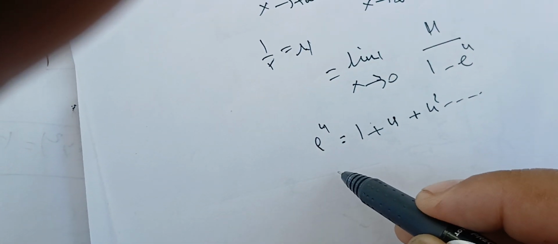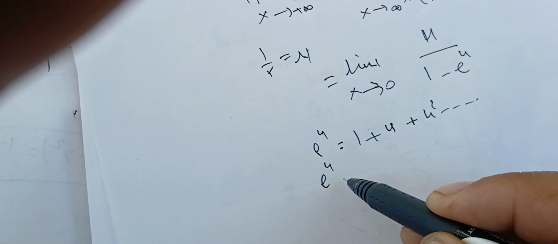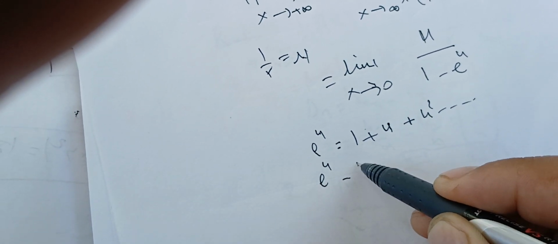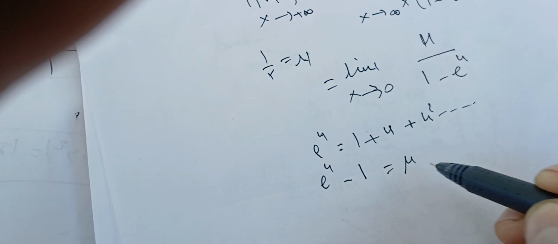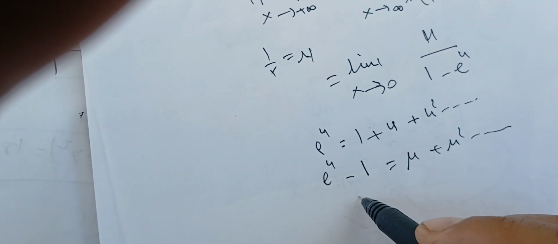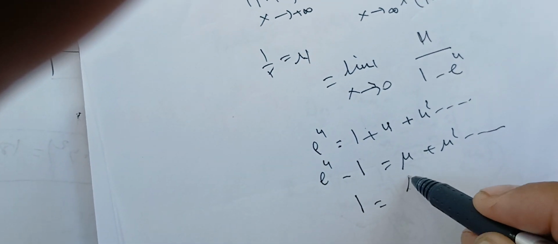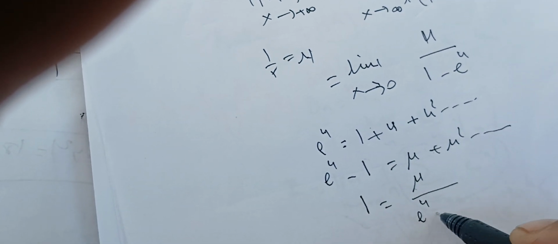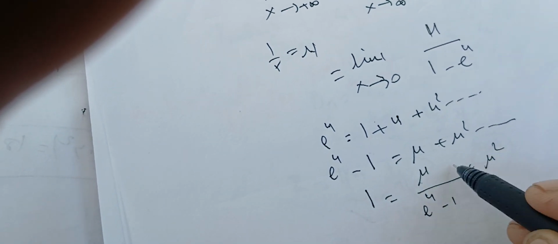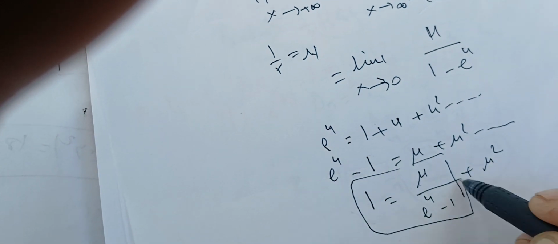So taking e to the power u minus 1 is equal to u plus u squared plus so on. So here, if we divide, since u is never 0, we get 1 over (e to the u minus 1) over u, which is 1 plus u and so on. So we're interested in this part.